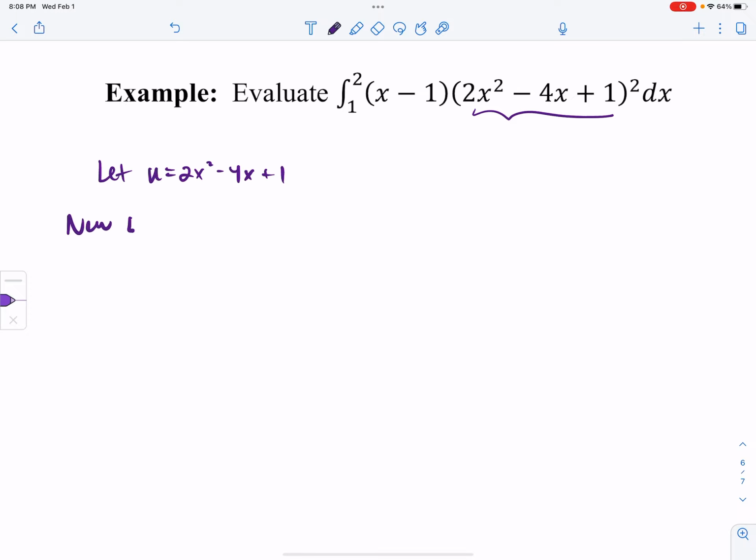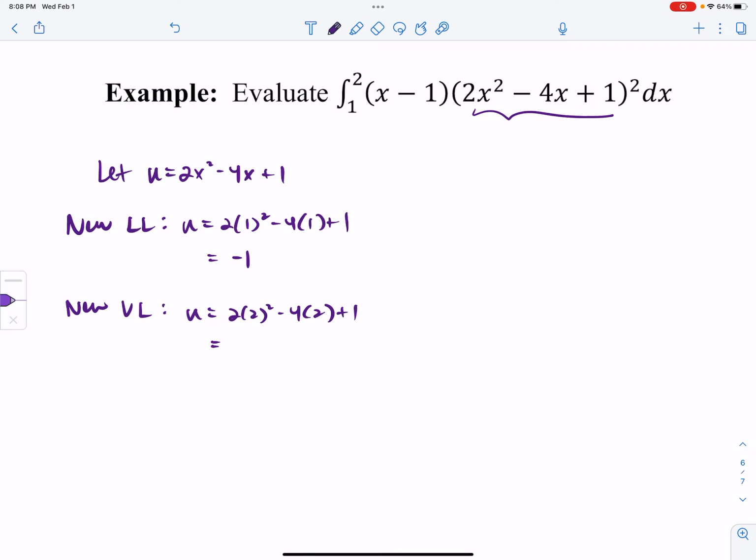Our new lower limit will be -1, and our new upper limit will be +1.